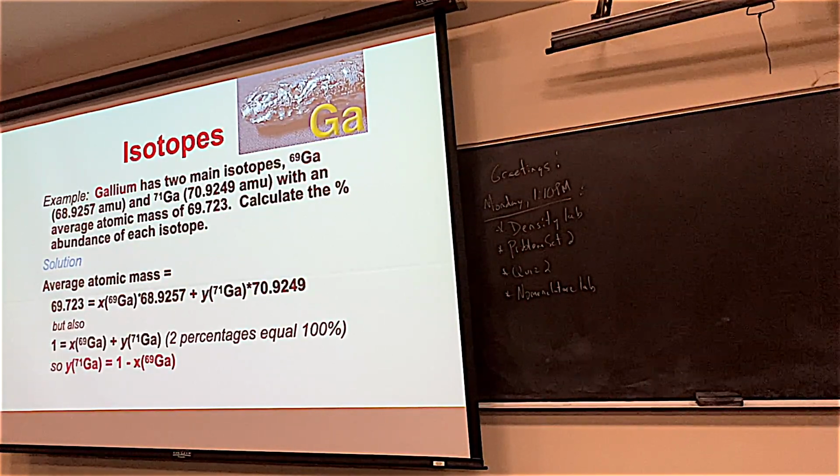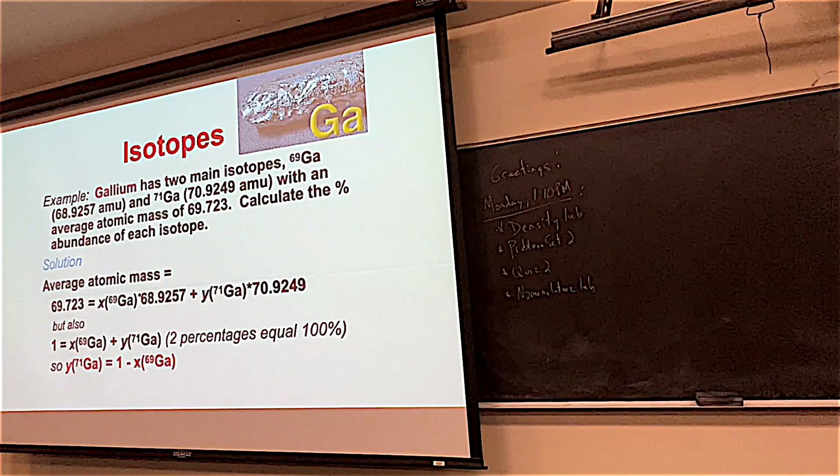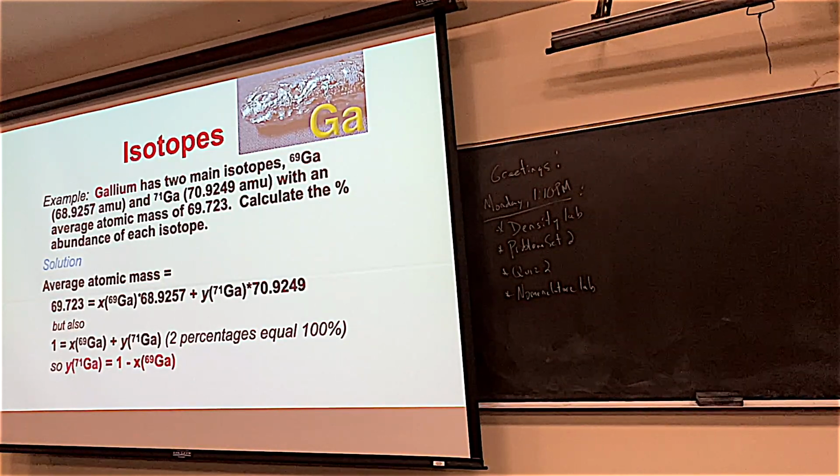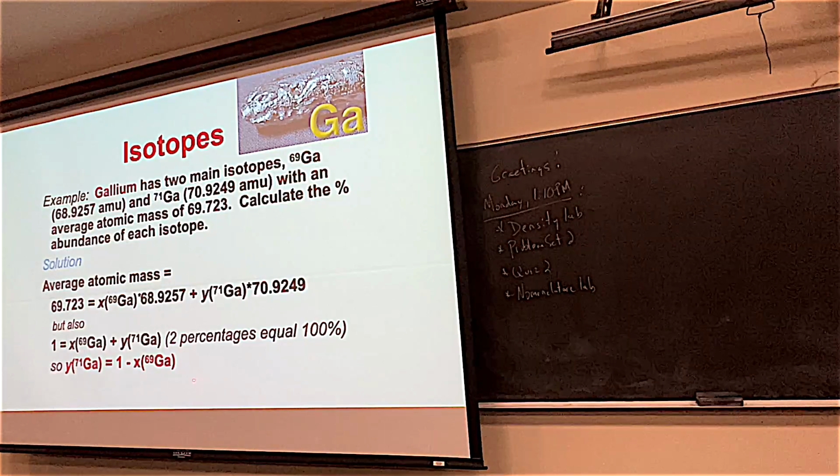So, in a problem like this, if you only have two isotopes, then both of them together should equal 100%. Or, because we're dealing with decimals, they're going to equal 1. So what you can do is let y, put x on the other side. Y will equal 1 minus x.